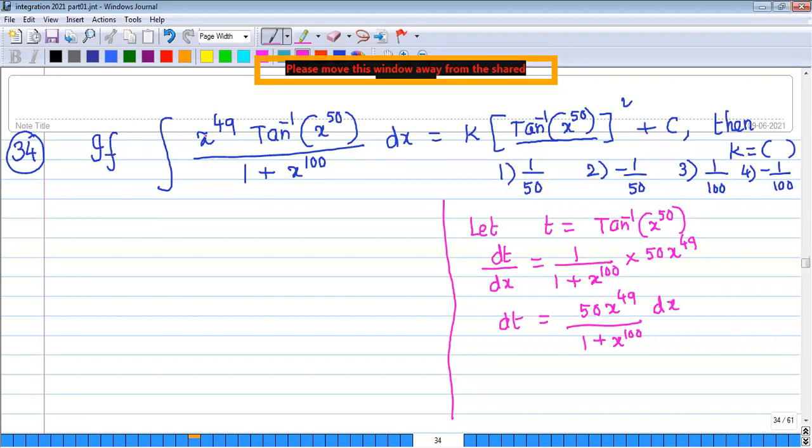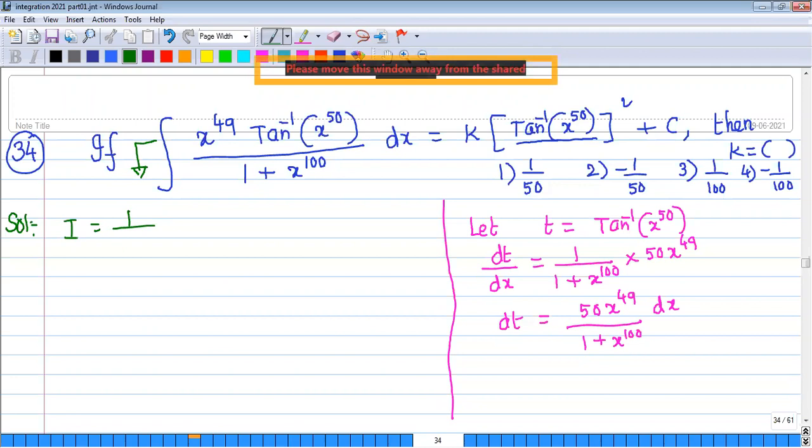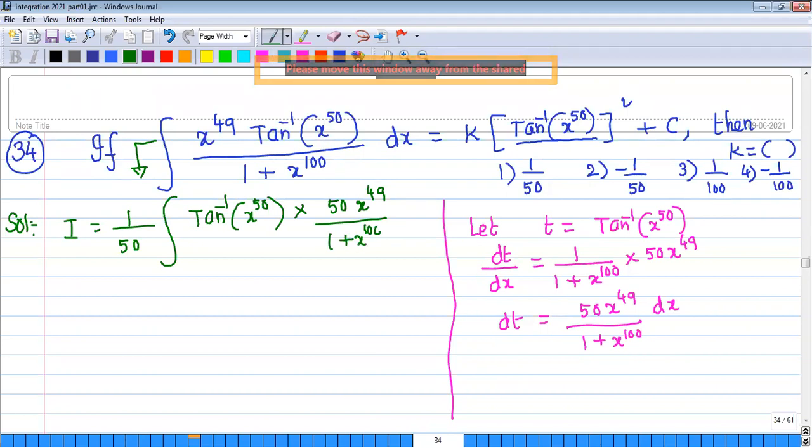That means x to the power of 49 by 1 plus x to the power of 100 dx we have, but we don't have 50. So multiply 50 and divide by 50. So this can be written now. I equals to 1 by 50 times integral tan inverse x to the power of 50 multiplied with 50 x to the power of 49 upon 1 plus x to the power of 100 dx.